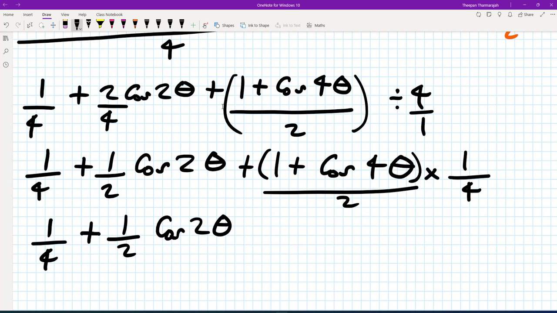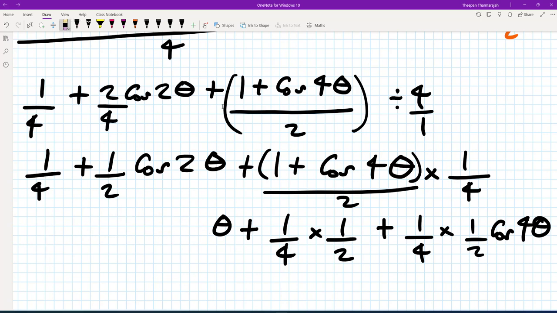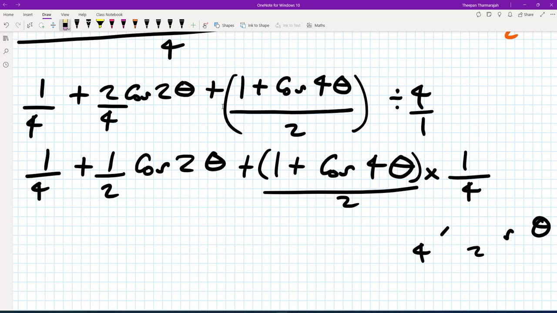So we get plus, we could write this as a quarter times a half plus a quarter times a half of cos 4 theta. So what I could do as well, if you're not sure about that step, I'm going to factorize the half out first, then you can be able to see it more clearly.